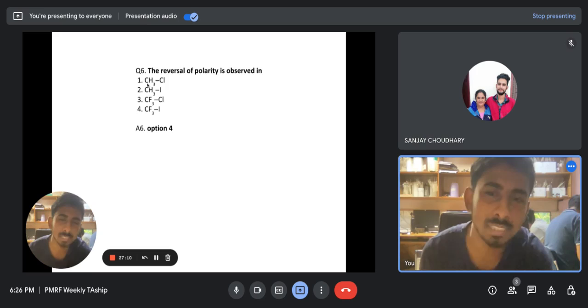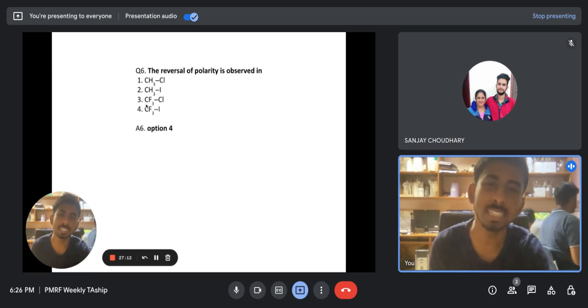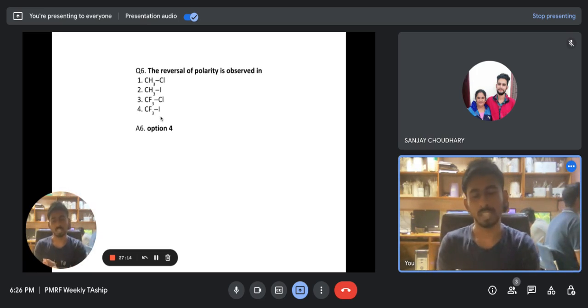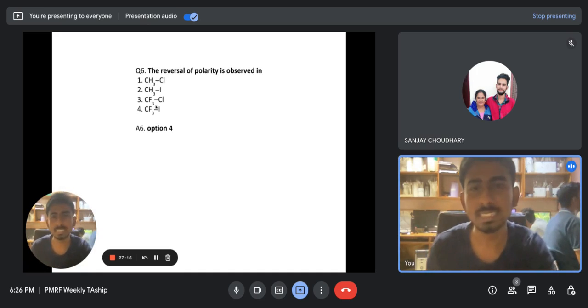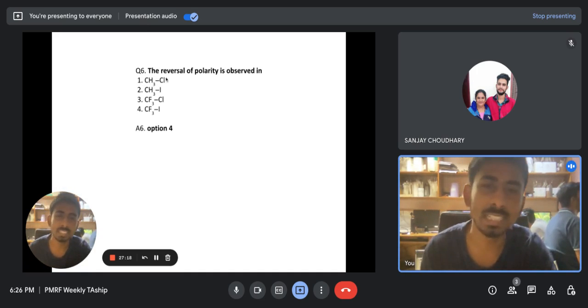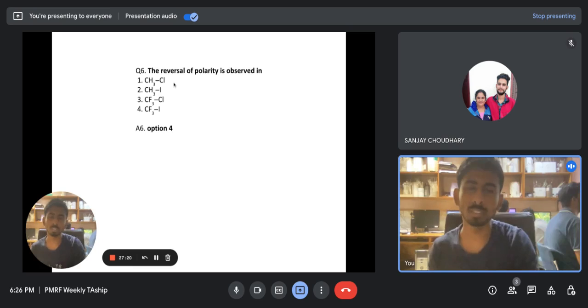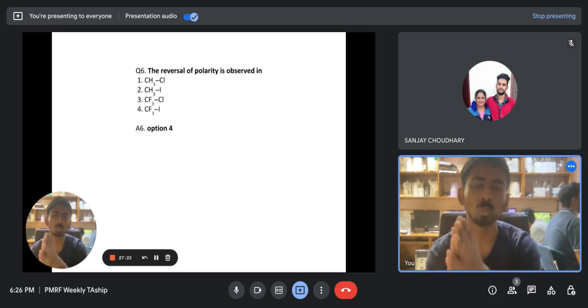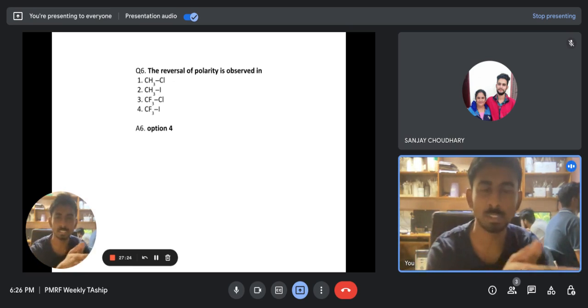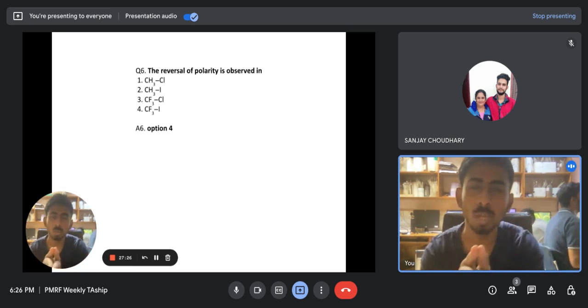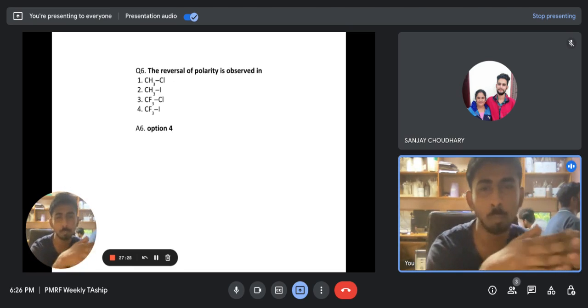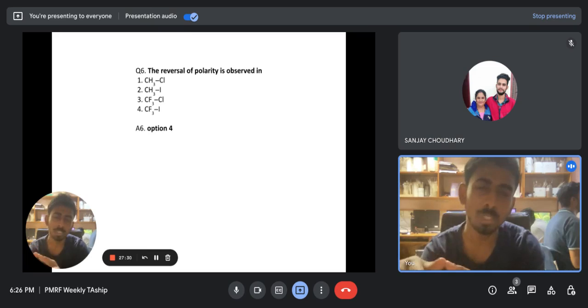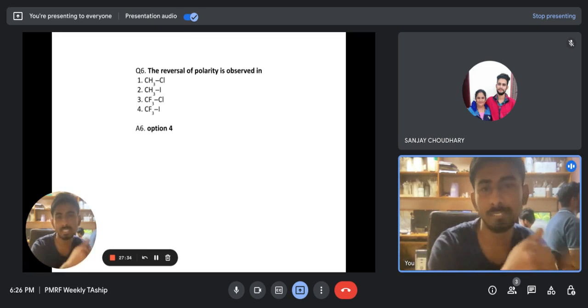Here you can clearly distinguish between CH3Cl and CF3I. In case of CH3Cl, the CH3 has a delta plus charge and Cl has a delta negative charge, because CH3 has an electronegativity of 2.5 and Cl has 3.0. That's why chlorine is more electronegative and will drag the electron density of the C-Cl bond onto itself.